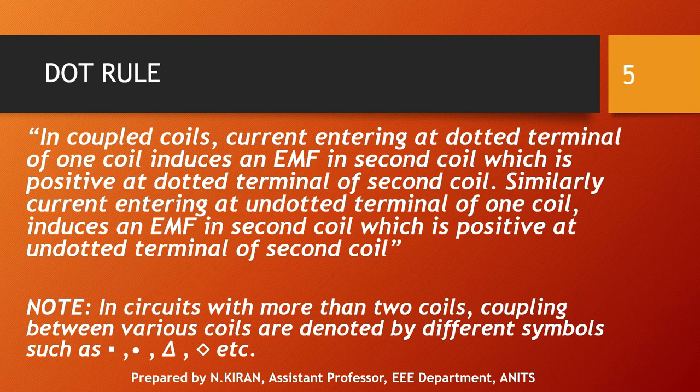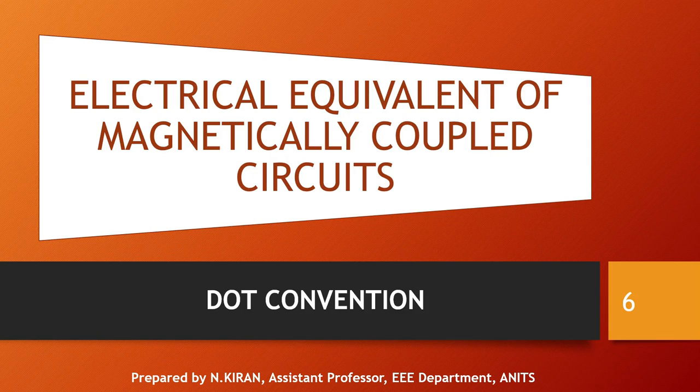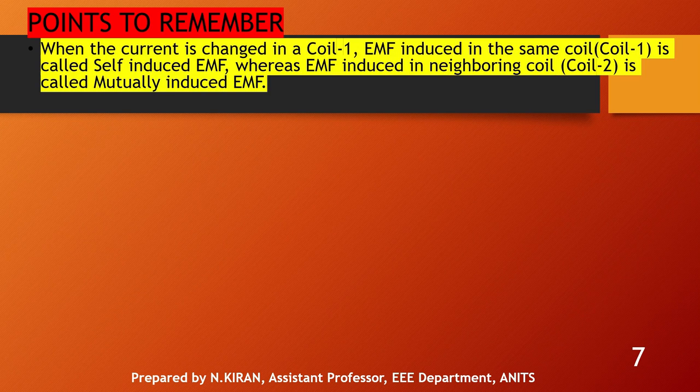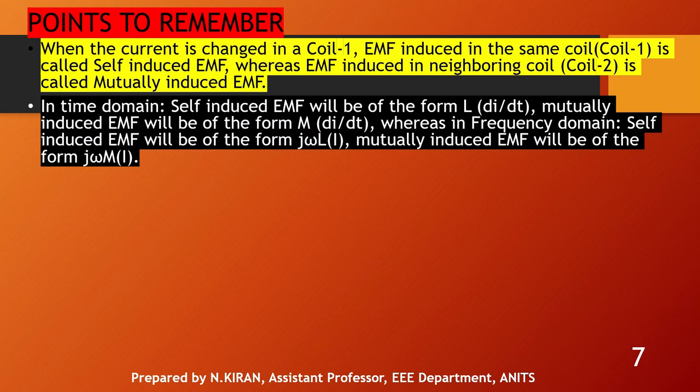Using this dot rule, let us learn how to find the electrical equivalent of a magnetically coupled circuit. Before doing that, there are some important points that one should remember. The first is, when the current is changed in one coil, the EMF induced in the same coil is called self-induced EMF, whereas the EMF induced in the neighboring coil is called mutually induced EMF.